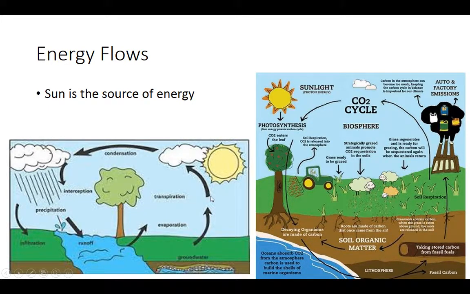Every time it changes state or changes location, there's some energy lost to friction, and so that initial energy needed to cause the evaporation will eventually dissipate into the atmosphere as heat. So all of the energy that we get here on planet Earth will eventually leave into the surroundings as heat.